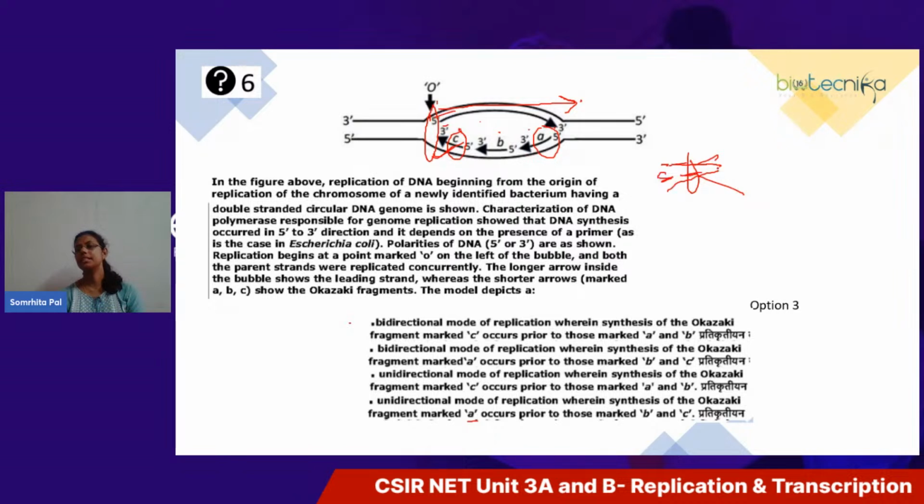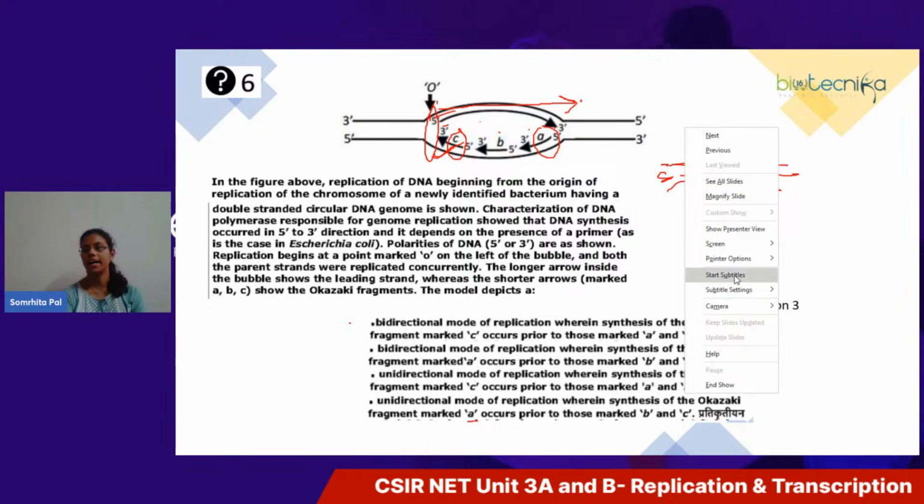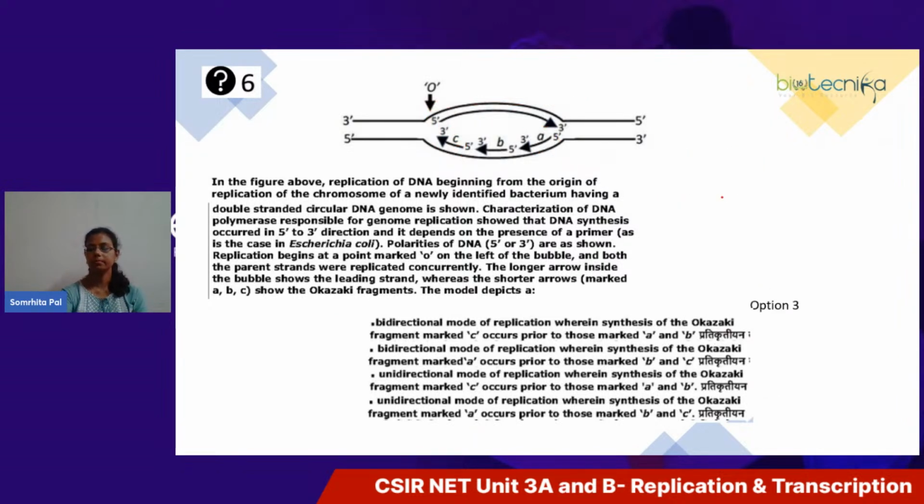So then B will be synthesized. Helicase will move here. It will open up this part. Then A will be synthesized. Like this, it will go on. All right. So those who made a mistake, I hope you have understood why you went wrong. I hope it is clear.